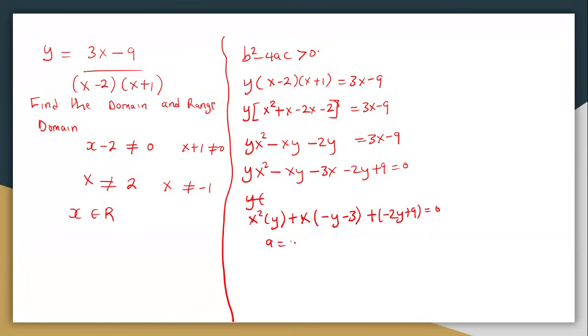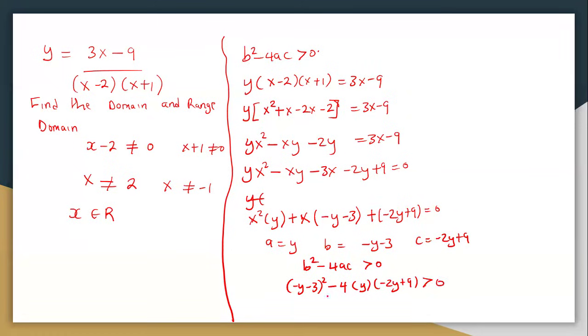Here your a is y, your b is negative y minus 3, and your c is negative 2y plus 9. So when we feed in that b squared minus 4ac is greater than 0, we shall have negative y minus 3 squared minus 4 times our a, which is y, and the c, which is negative 2y plus 9, greater than 0.